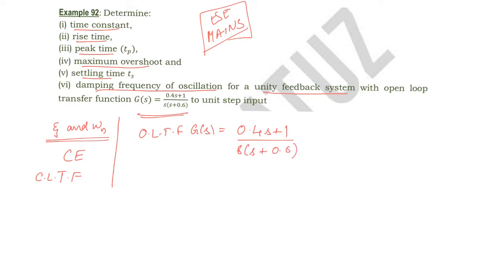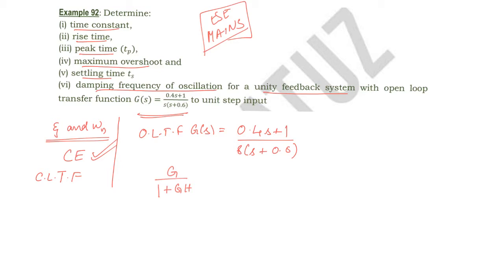So here we have to find the closed loop transfer function, and then find the denominator of the transfer function, which will give the characteristic equation. G by 1 plus GH is the closed loop transfer function.